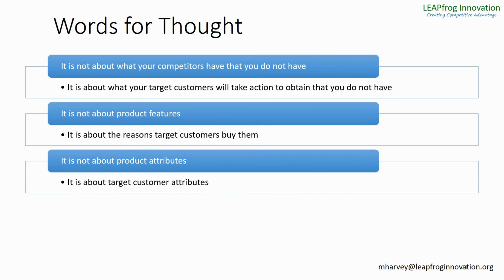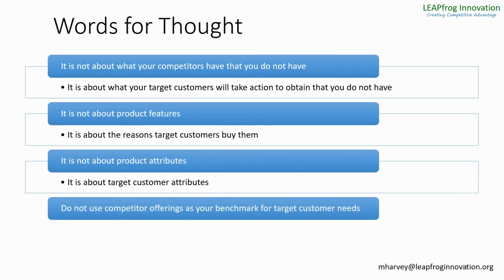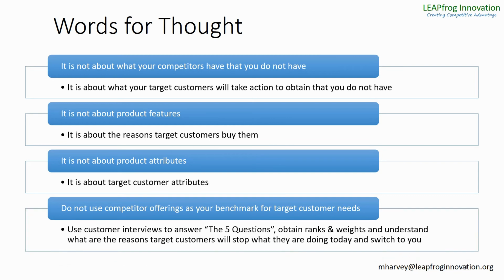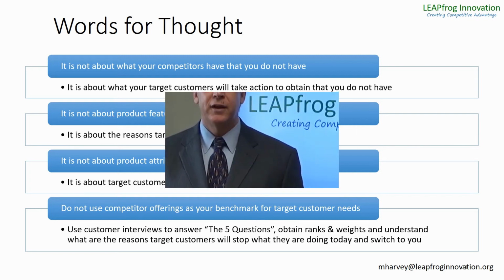It is about target customer attributes. Do not use competitor offerings as your benchmark for target customer needs. Use customer interviews to uncover the answers to the 5 questions to obtain ranks and weights and to understand what are the reasons target customers will stop what they're doing today and switch to you.